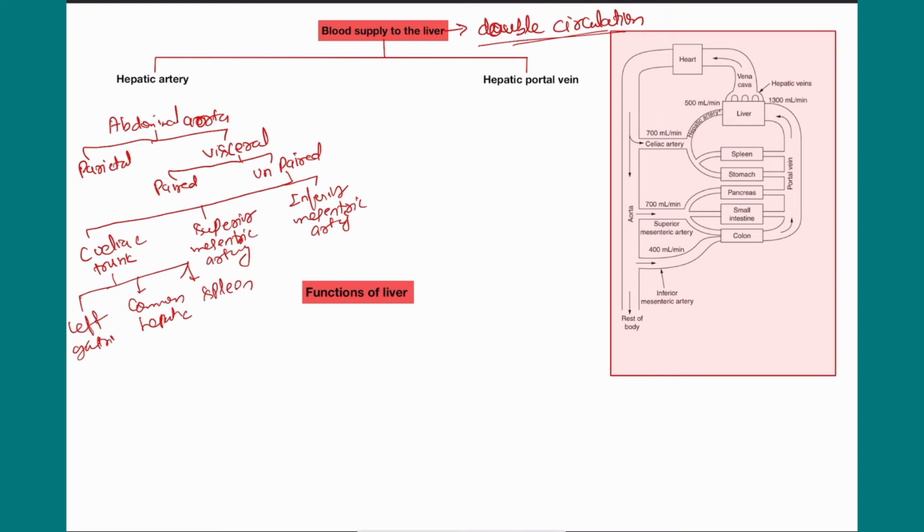Now I will focus only on the common hepatic artery. It gives the hepatic artery proper, and these arteries supply the liver. Please learn this: the hepatic artery proper supplies oxygenated blood to the liver.